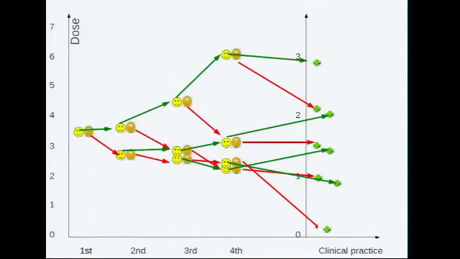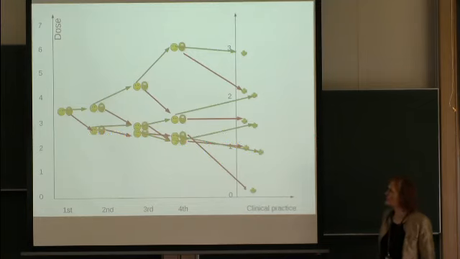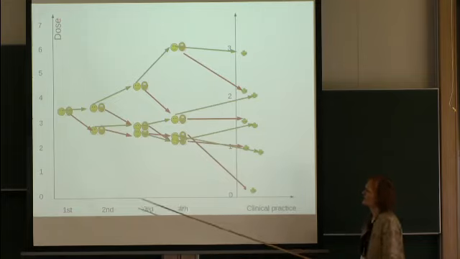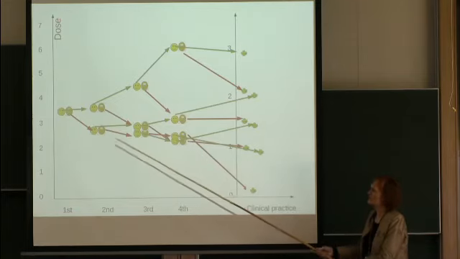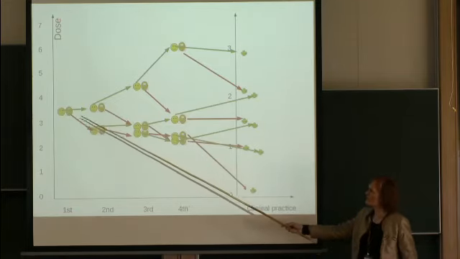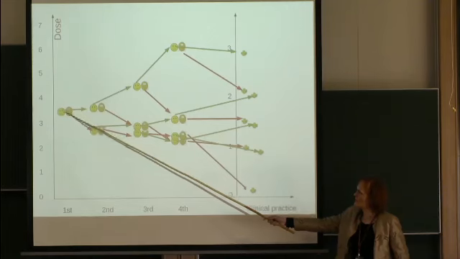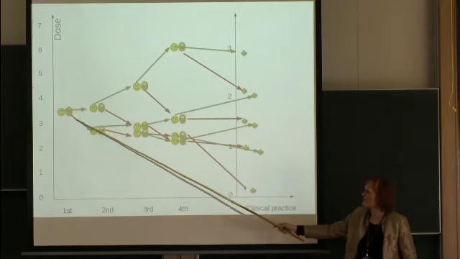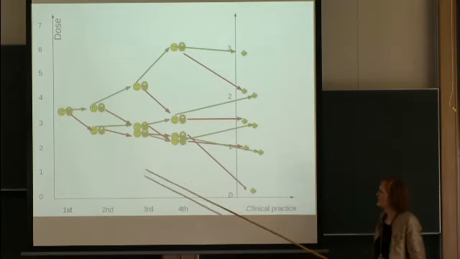Okay, here I have optimized a short trial for 4 patients, and it basically works as you would expect. If the first patient does not suffer side effects, the dose level goes up a little. If it does suffer side effects, it goes down.